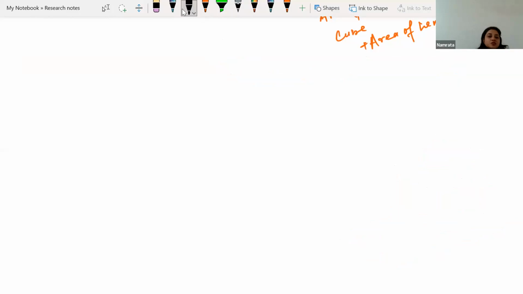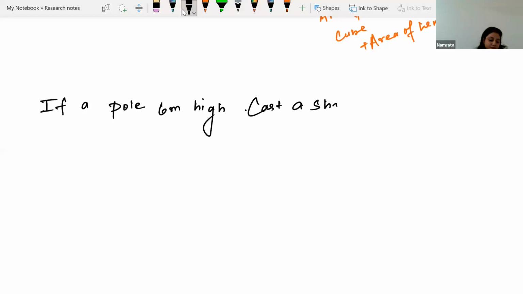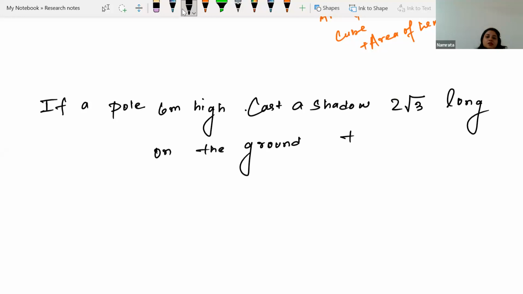So if I'm taking a question: a pole 6 meter high casts a shadow 2√3 long on the ground, then the sun's elevation is... This one is a very basic question.